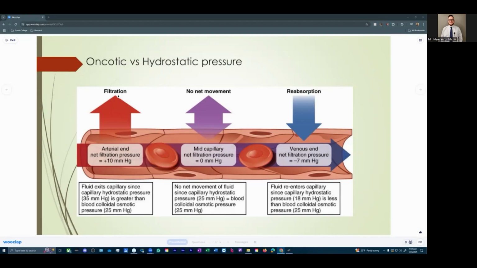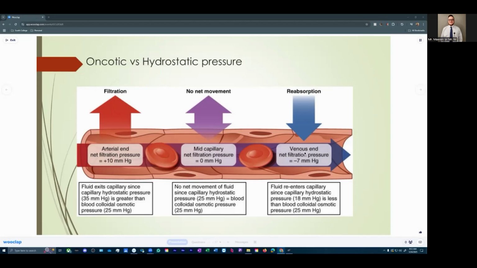They're describing the osmotic pressure as colloidal, which is a term describing the protein pressure. So it overwhelms it and filtration occurs, pushing stuff out into the tissues. And then through the middle of a capillary, there's not really any movement. The hydrostatic pressure and that osmotic pressure are equal to each other.